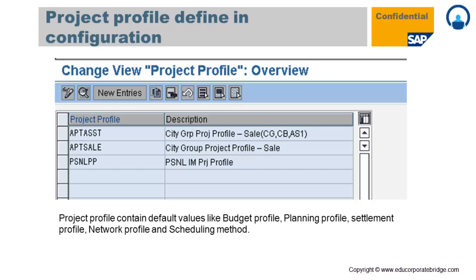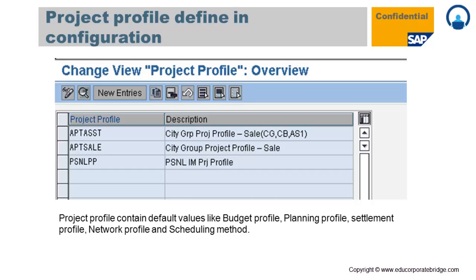That planning profile you need to set for that project profile. Then the settlement profile: however you settle your cost, whether to a GL account, a cost center, or a fixed asset, you have to assign in a settlement profile, and later on you have to assign all these profiles to the project profile.